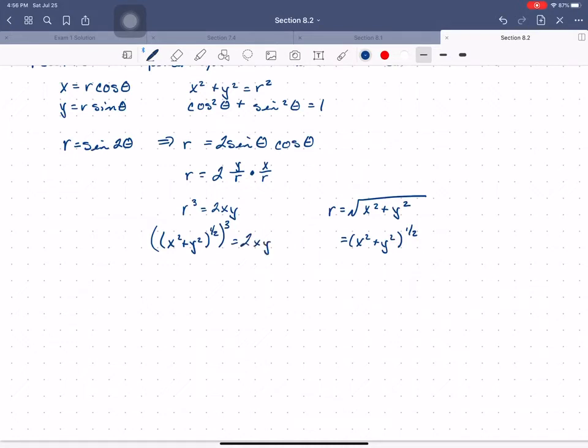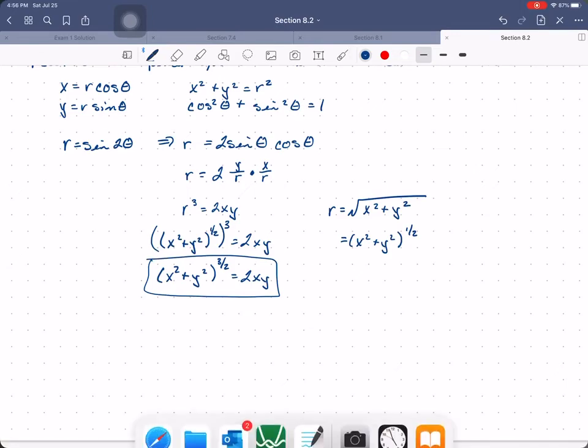And we should write that correctly as x squared plus y squared to the 3/2 power equals 2xy. And because our polar equations almost always are going to describe circles and roses and limacons and spirals, we are not going to be able to get a function. So we're not going to be able to solve this for y. So we're just going to leave it like that.